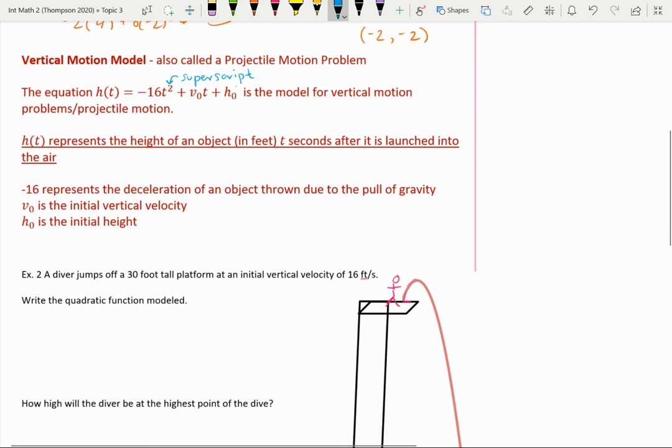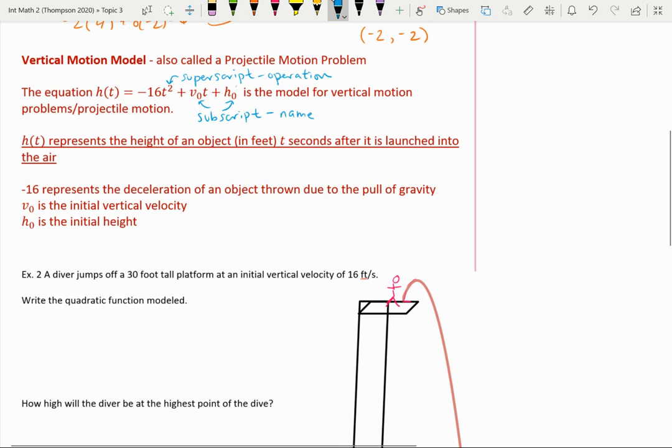That takes the name of a superscript, and this is an operation. Here and here I have a subscript. It's a way to name which one, a way to identify which v or which h I'm talking about. So it's not an operation.